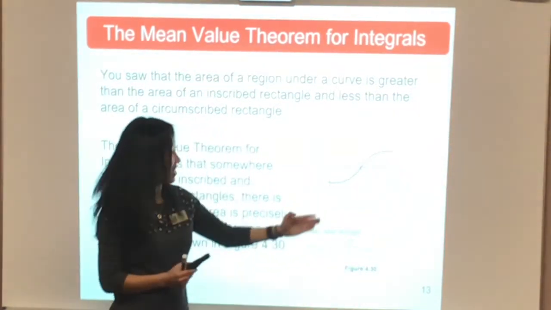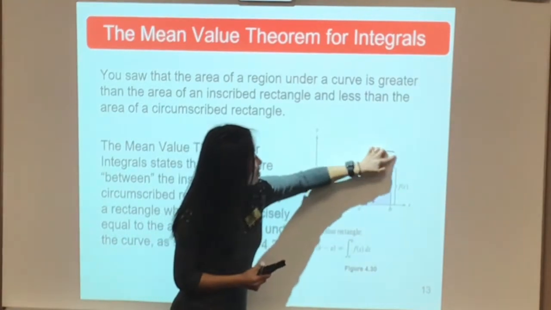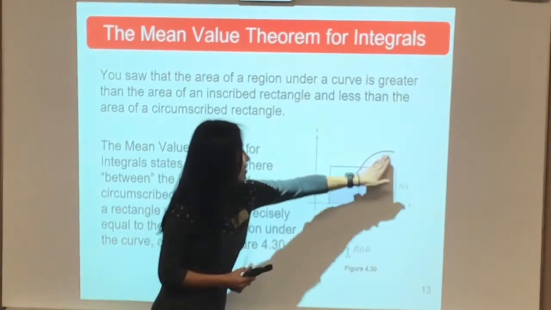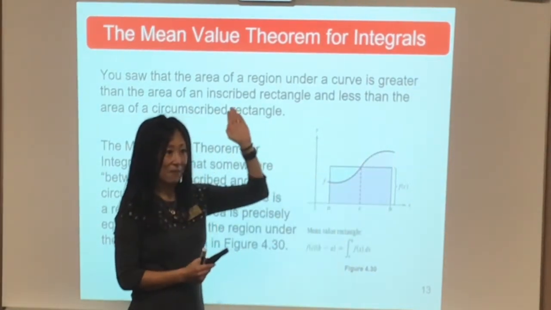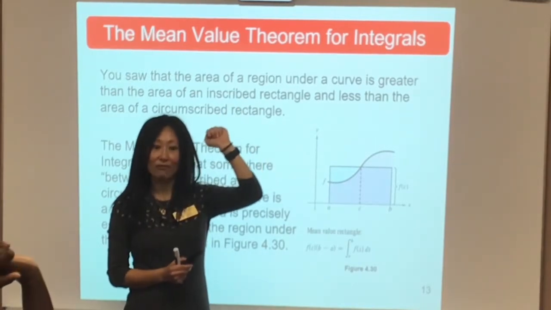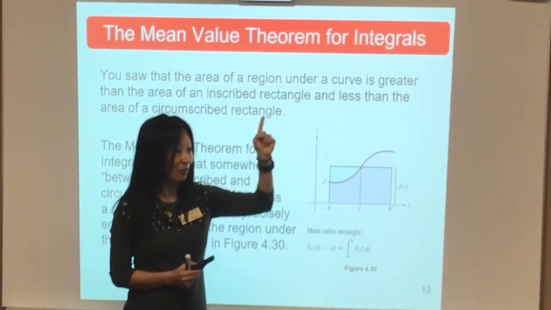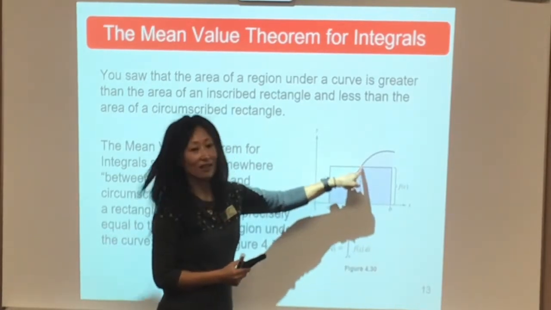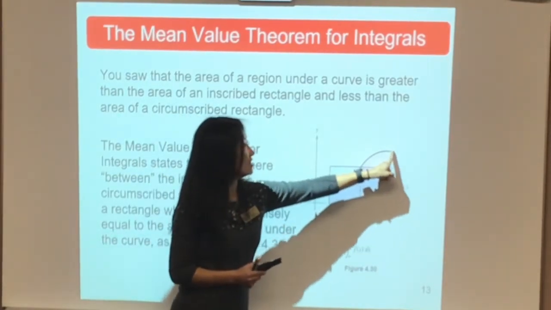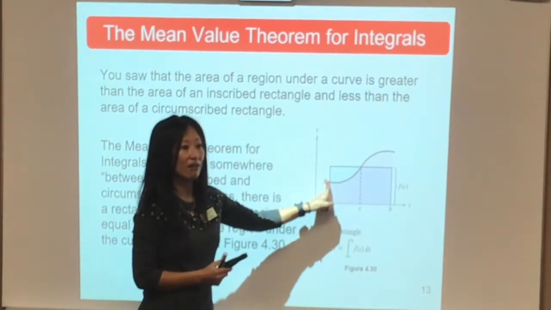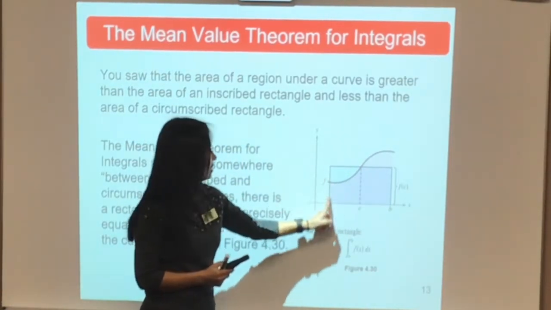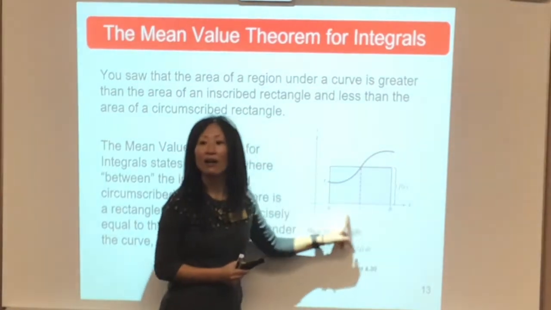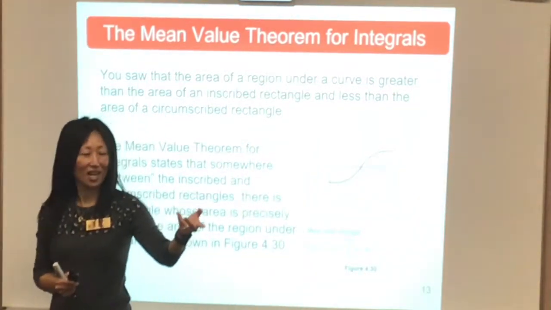That's what they did. They're saying I know the area under the curve is that curve shape, but I can make that into a rectangle if I find the average height. So that's the average height right there. We just figured out that the area under the curve is the same as this rectangle. Isn't that weird? That's what calculus can do.